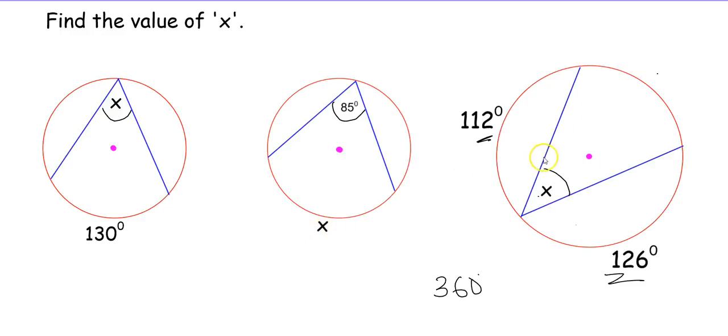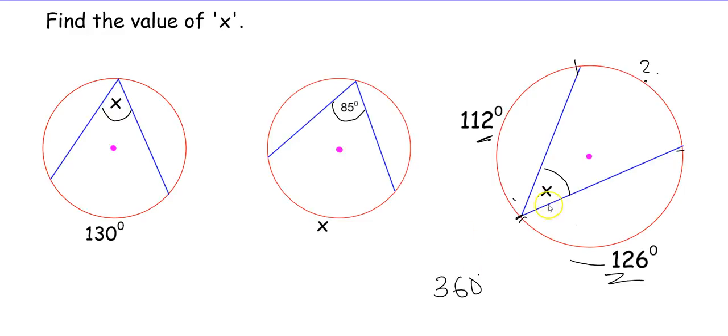But in the third figure you are looking for the inscribed angle but there is no intercepted arc. But you can find the measure of this intercepted arc by taking away the measures of these 2 arcs. This is one piece and the second piece. Take them away so that you get the measure of this third piece.